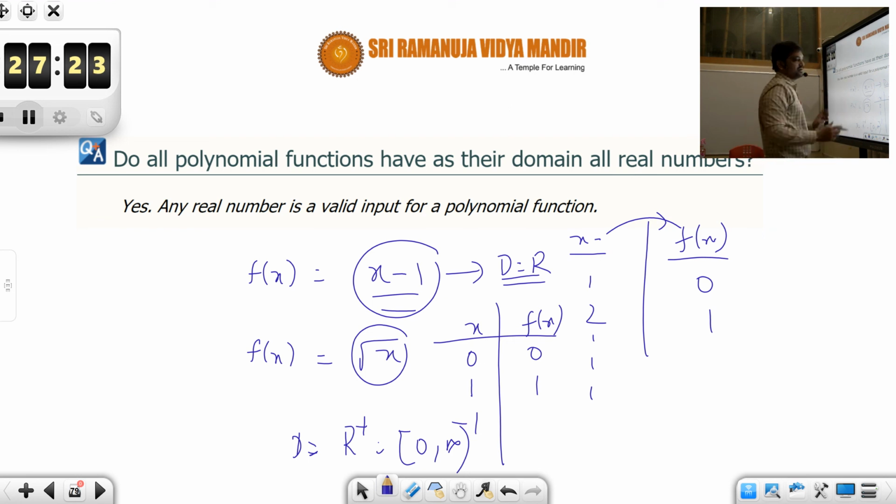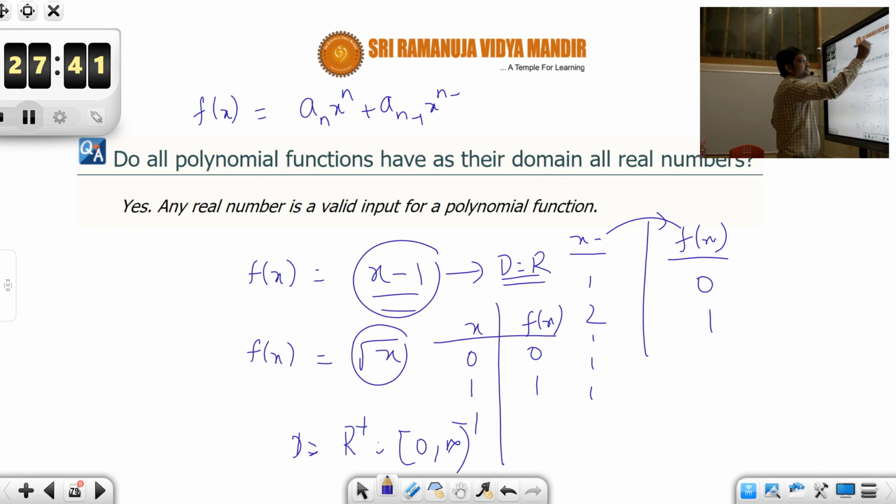Similarly, if you look at a polynomial function, what is the general equation of a polynomial? It would be of the form a_n x power n plus a_(n minus 1) x power n minus 1 plus and so on, plus a_1 x plus a_0.